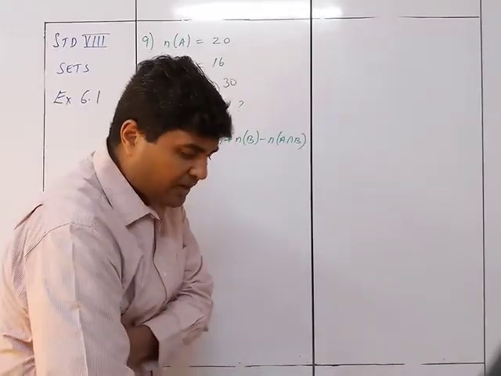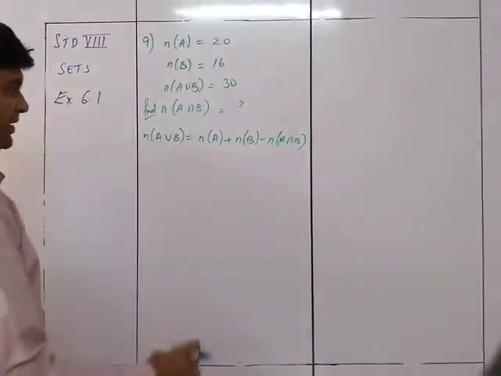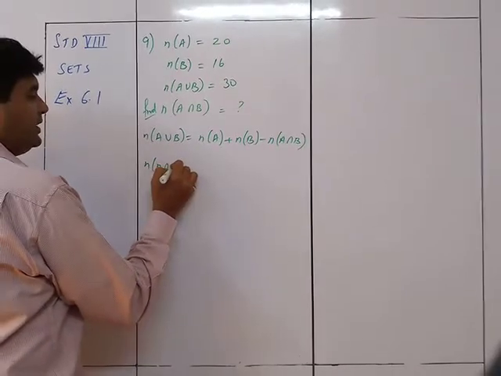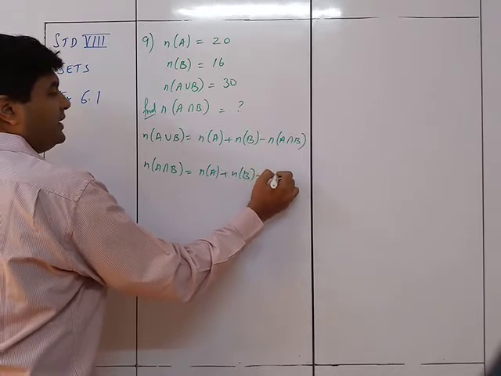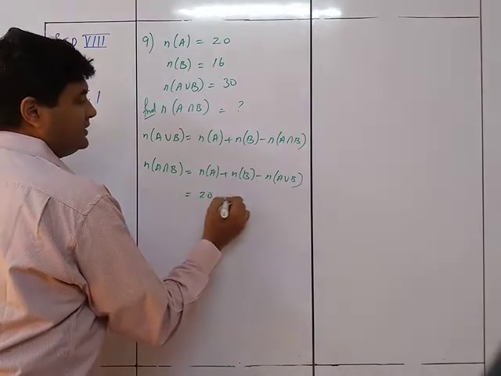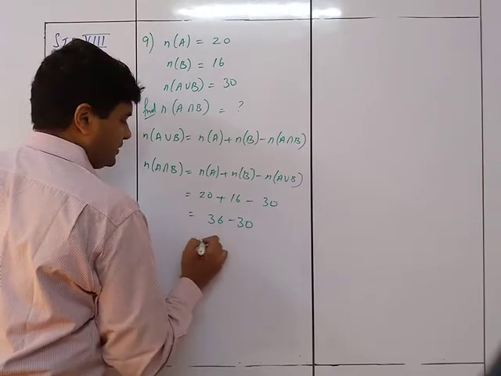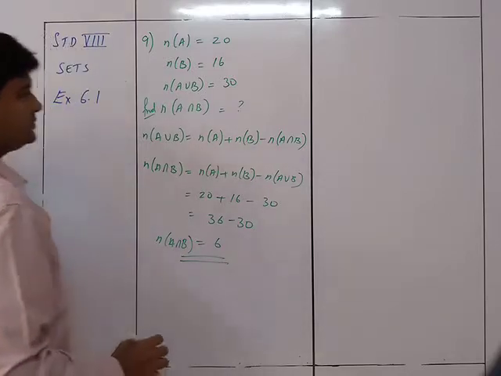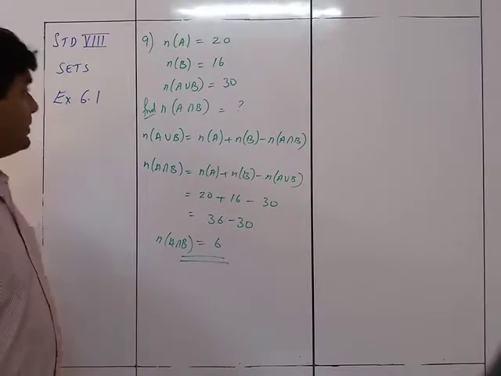Bringing this over here and this over here, we get n(A intersection B) equal to n(A) plus n(B) minus n(A union B). n(A) is equal to 20, plus 16, minus 30. So it's 36 minus 30, which is equal to 6. So n(A intersection B) is equal to 6. Clear? That was sum number 9.